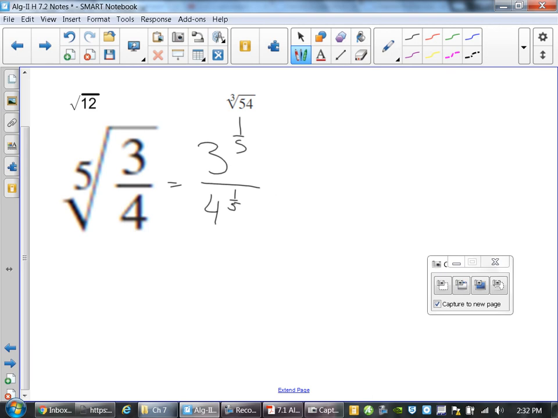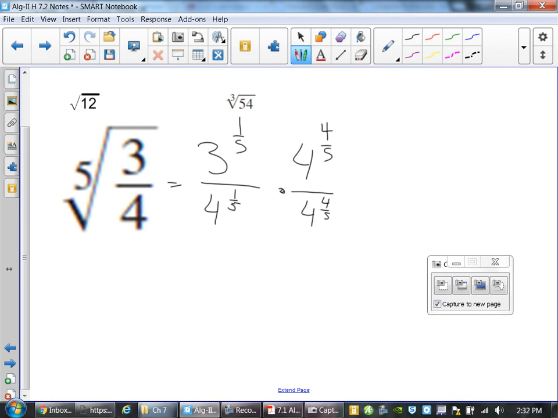What are you going to multiply top and bottom by? Everybody okay with that? 4 to the 4/5. You see how it's easy to put it into a fraction to make a whole by doing it this way, as opposed to trying to figure out, what the heck? I always think the fractions are easier for doing this than anything else. Okay? Top and bottom by 4 to the 4/5, excuse me.